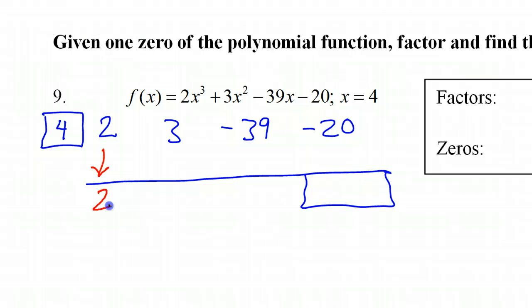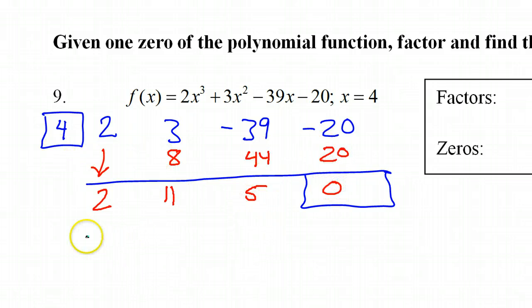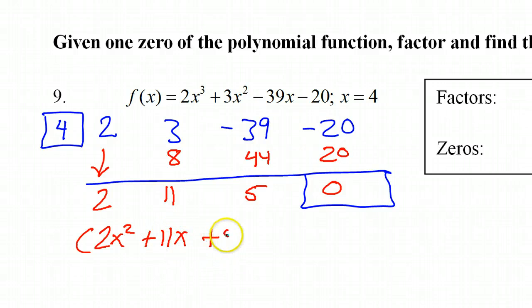Bringing down the 2. So 2 times 4 is 8. That's 11. 11 times 4 is 44. That's 5. 5 times 4 is 20. Of course, we get 0. I could turn this back into a trinomial by making it 2x squared plus 11x plus 5.